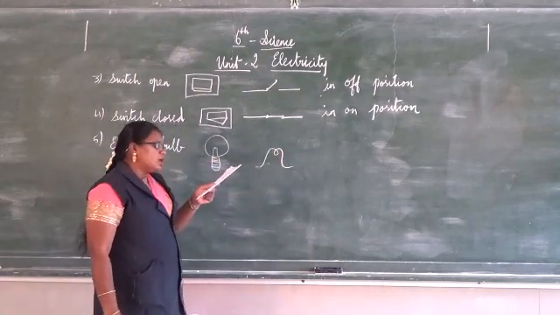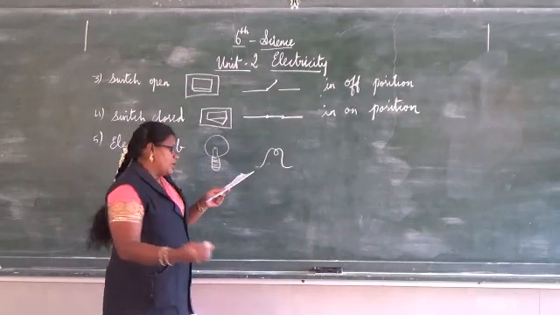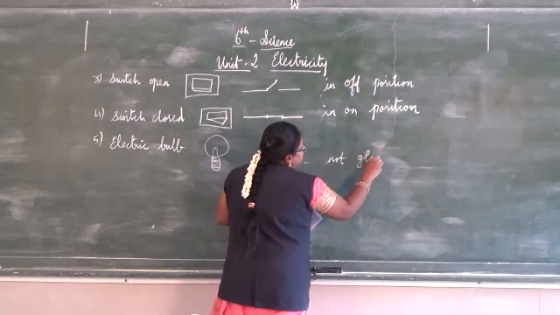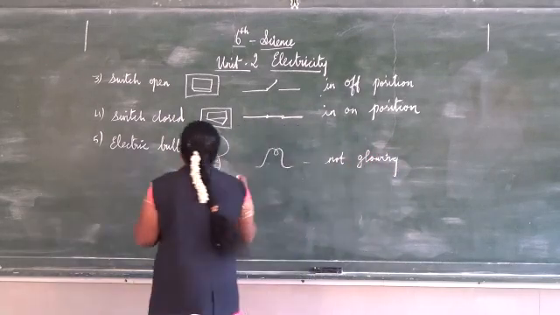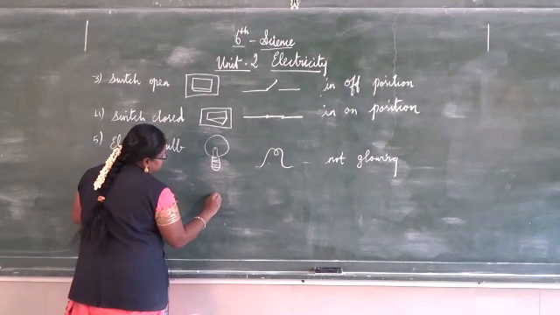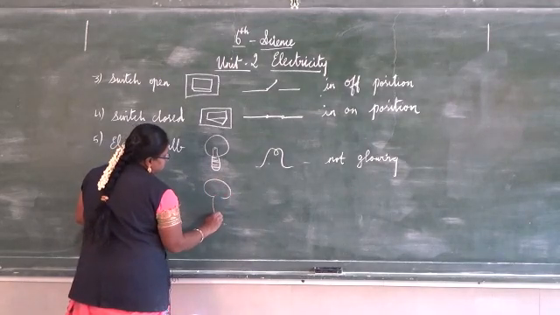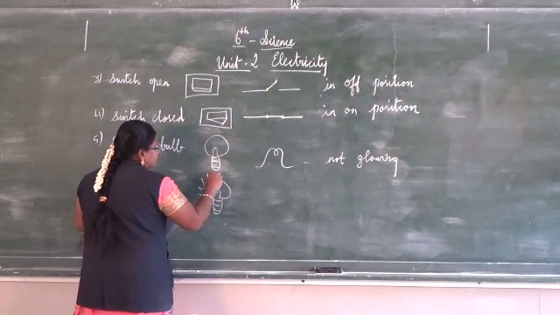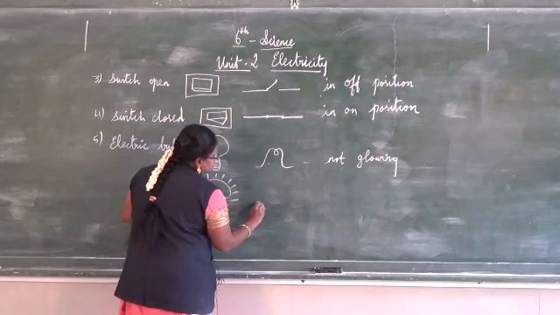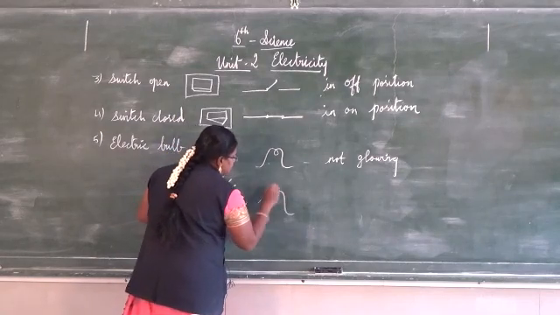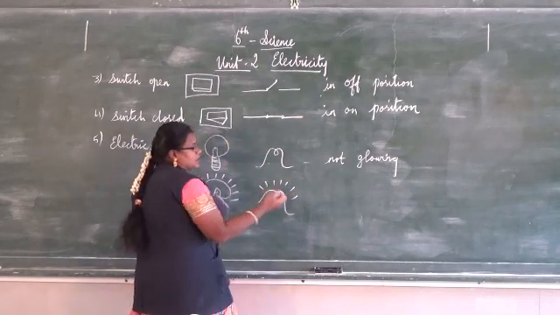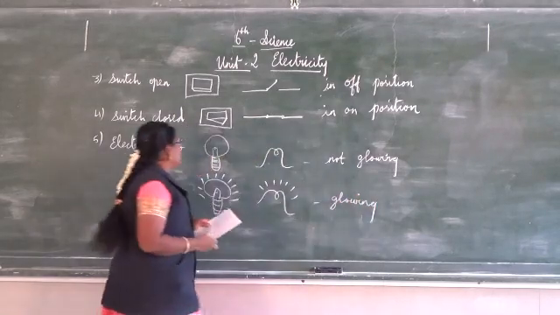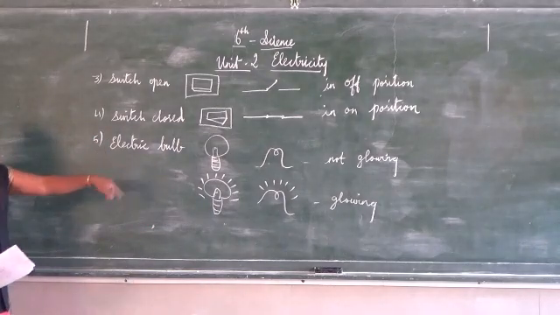It means not glowing. Okay, yes, the same bulb. If you draw like this, the symbol will be again like this, but here it means it is glowing. Understand children? Yes, this is the electric bulb symbol.